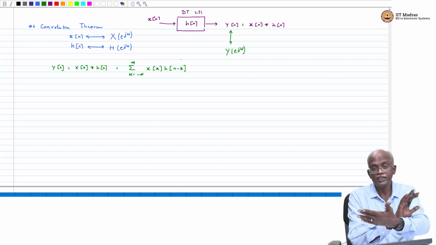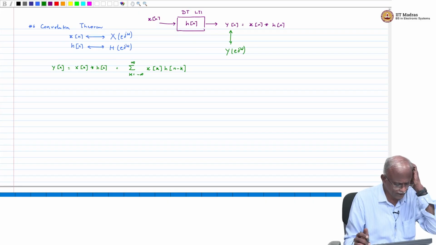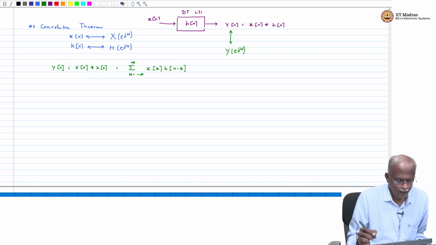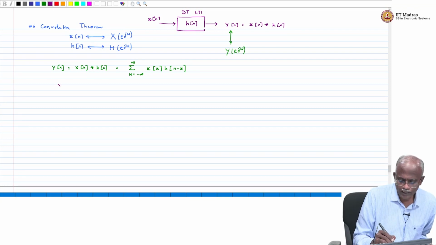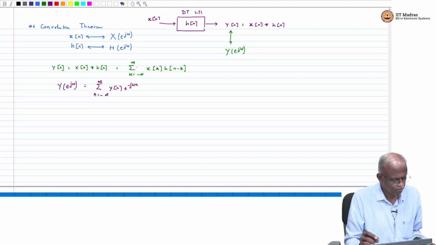We have time reversed the impulse response and retained x of n exactly as before. Our desire is to get an expression for Y e of j omega, which is summation n equal to minus infinity to infinity y of n e power minus j omega n.